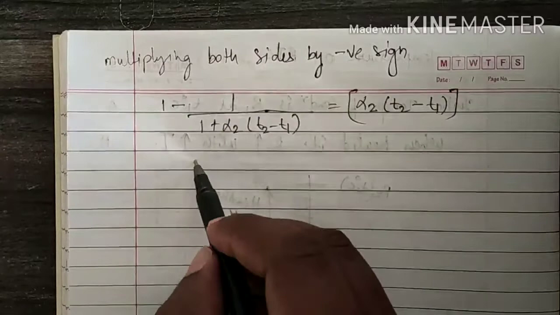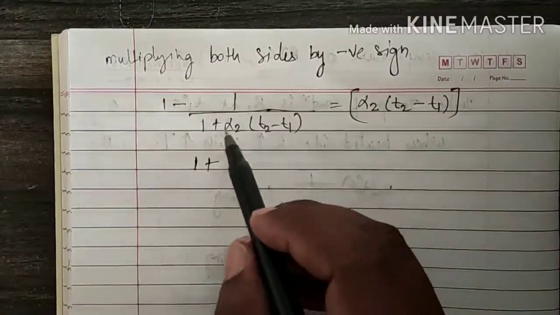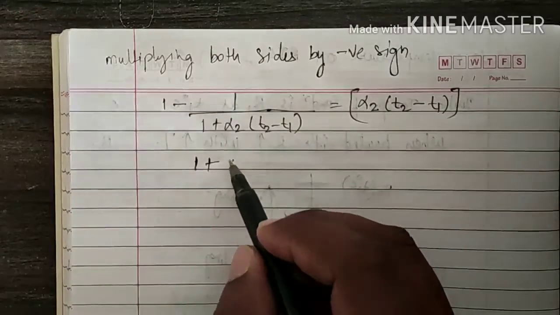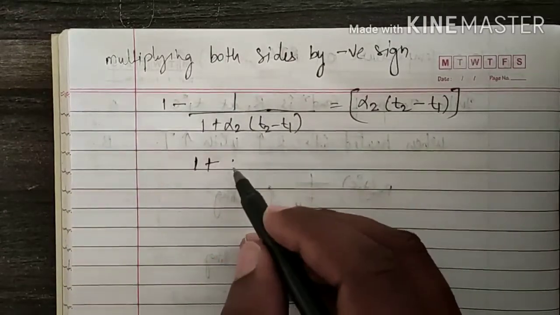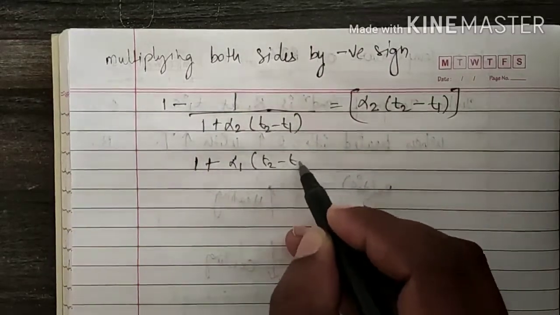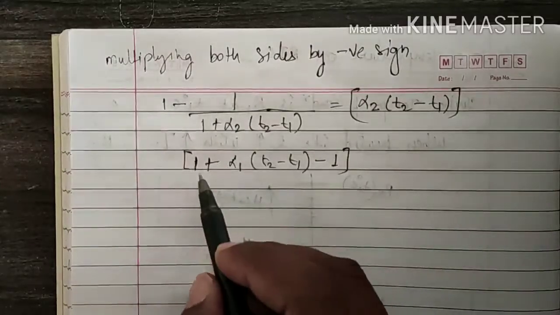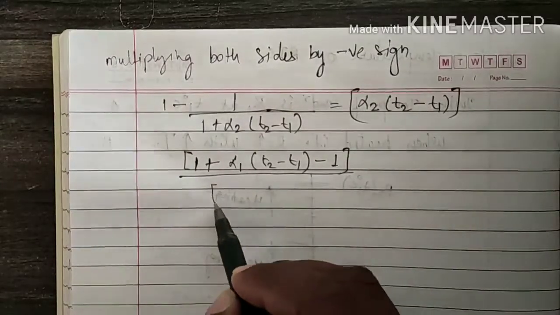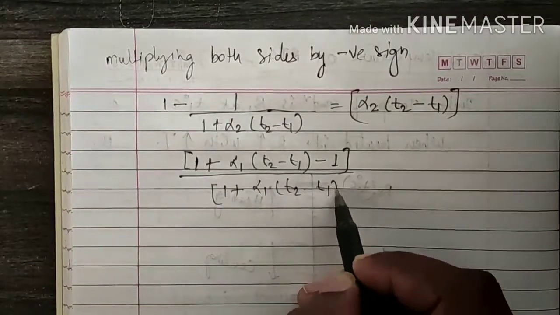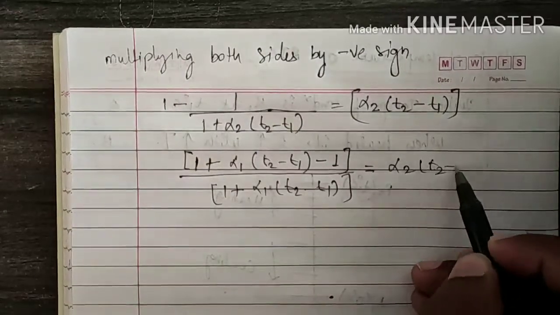Then again rearranging, multiplying the numerator into the denominator and the denominator into the numerator, 1 plus alpha 1 times T2 minus T1 minus 1, the whole bracket divided by 1 plus alpha 1 times T2 minus T1, and it will remain the same, T2 minus T1.